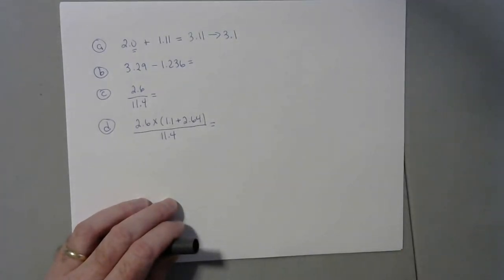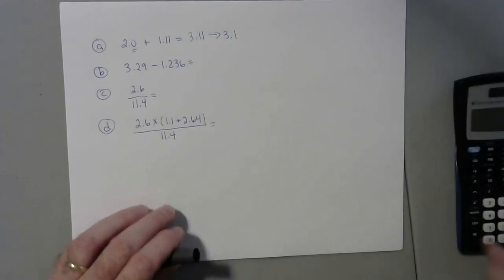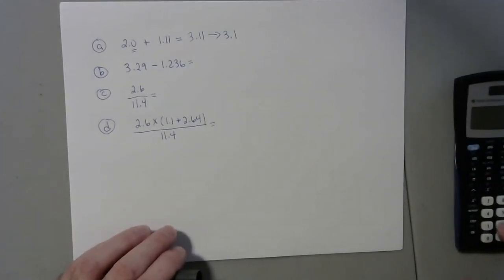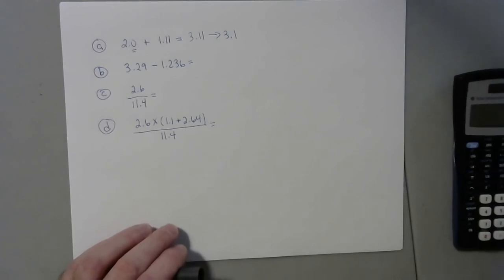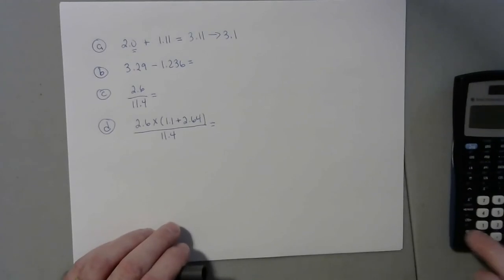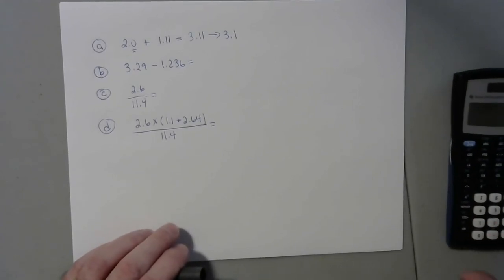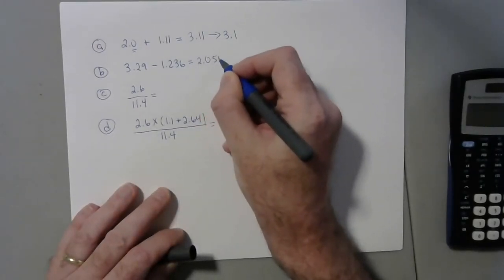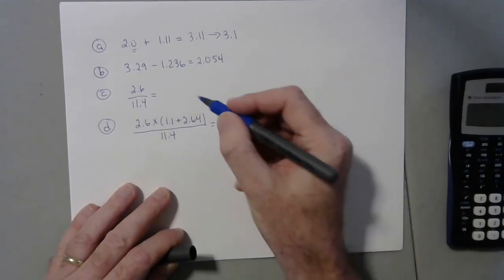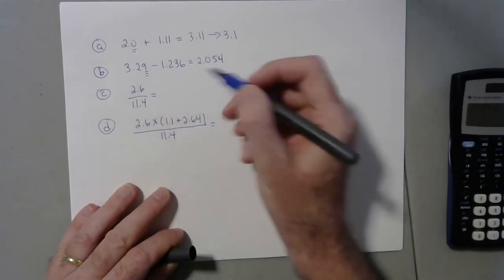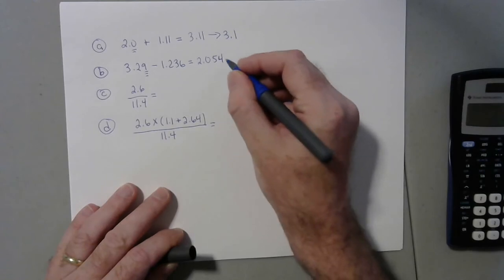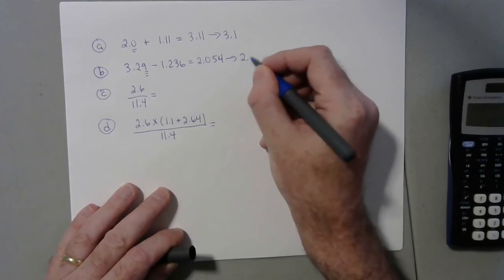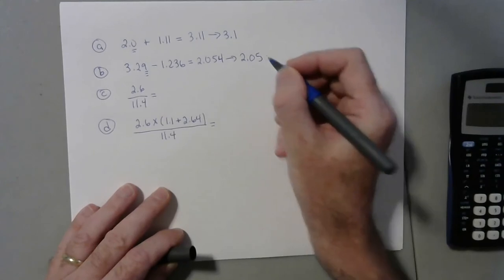Now, if I want to subtract these two numbers, 3.29 minus 1.236, we get 2.054. But again, that's not where I want to leave it. I'm going to need to round to the hundredths place. So I'm going to call that 2.05.